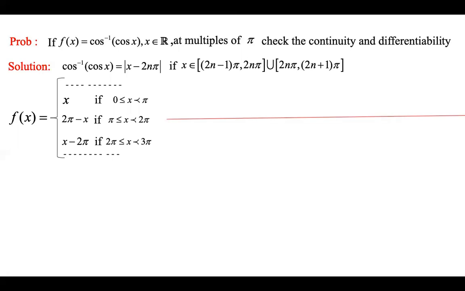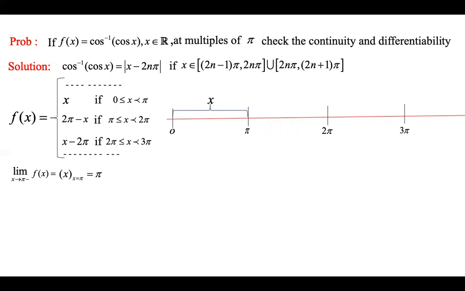So now for checking continuity and differentiability, we are taking the intervals like this: 0, pi, 2 pi, 3 pi, like this. Now let me check the function's left limit at pi. On the left side of pi the function is given by the formula x, evaluated at pi. Its value I got to be pi.